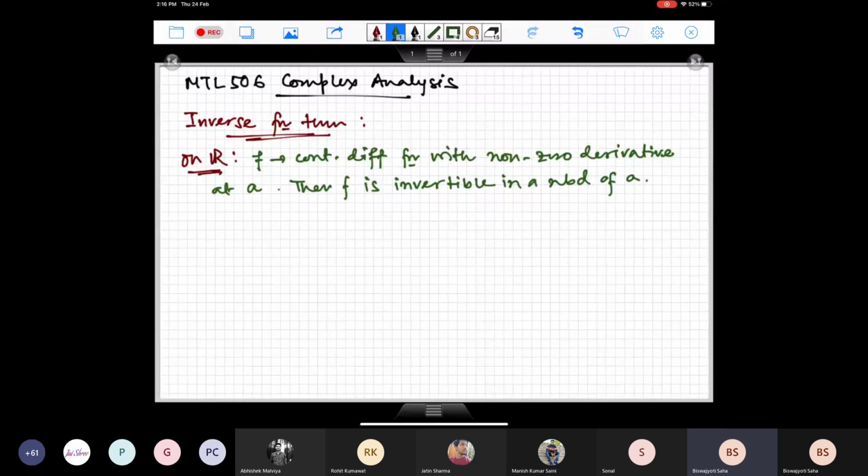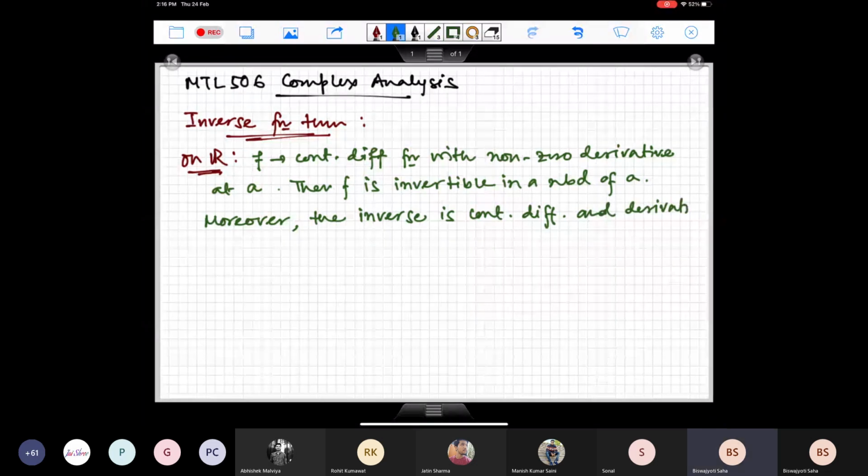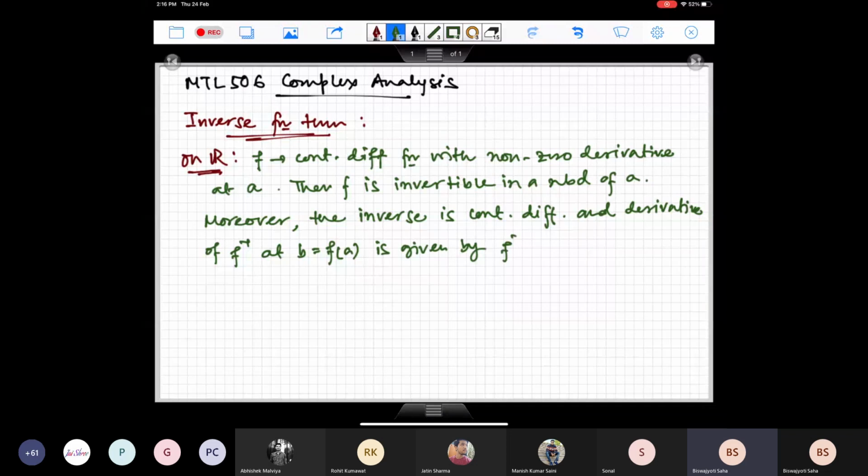Moreover, the inverse is continuously differentiable, and the derivative of f inverse at b equal to f of a is given by, that just follows from the chain rule, f inverse prime at b is 1 upon f prime of a.